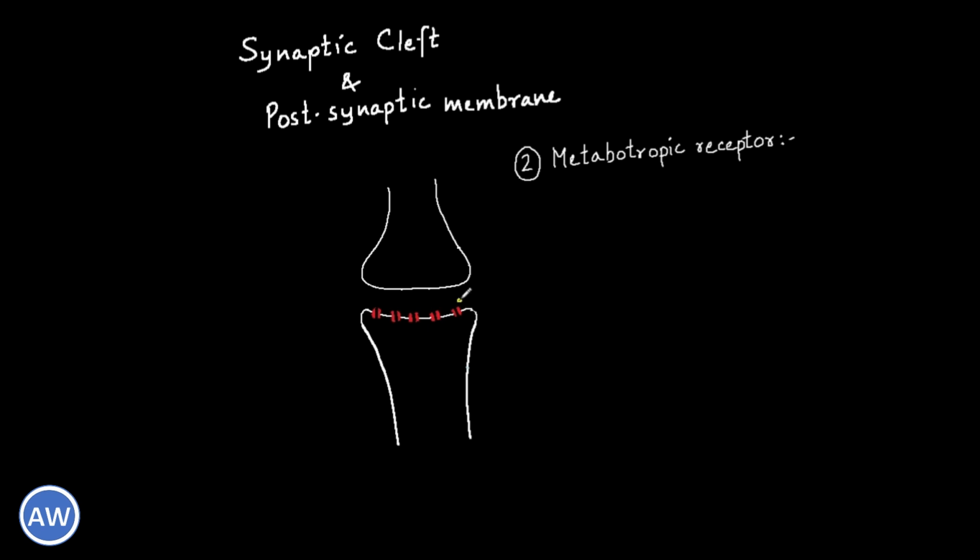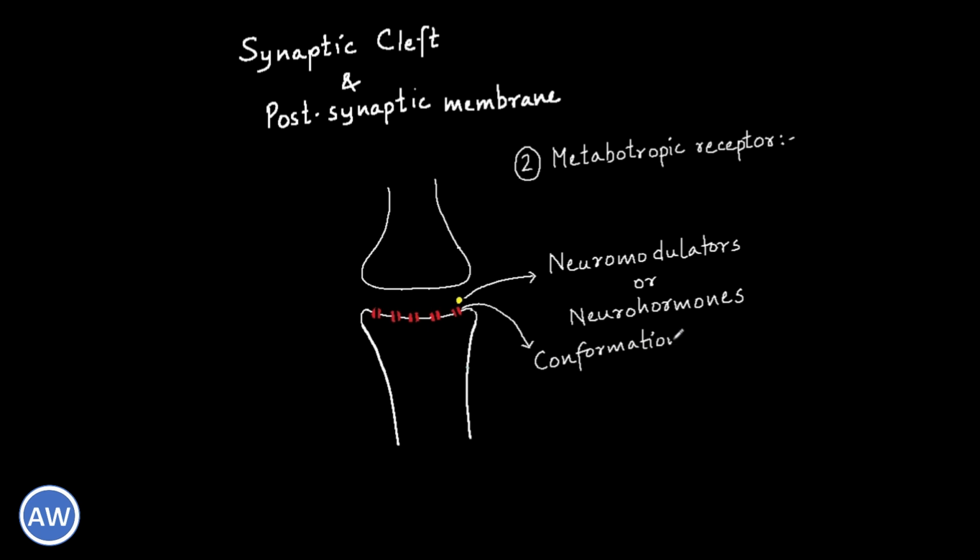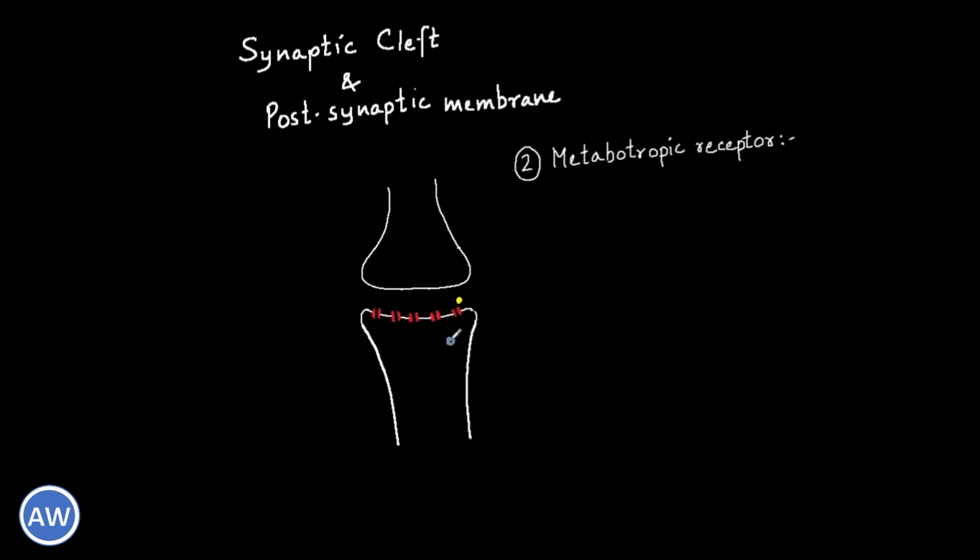Metabotropic receptors bind chemical messengers known as neuromodulators or neurohormones. These molecules also interact with a receptor molecule, causing a conformational change in its protein structure. However, the receptor molecule is not an ion channel. Instead, this receptor molecule interacts with other protein complexes such as G proteins.